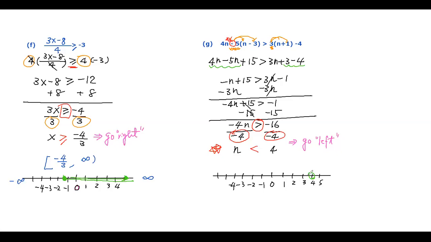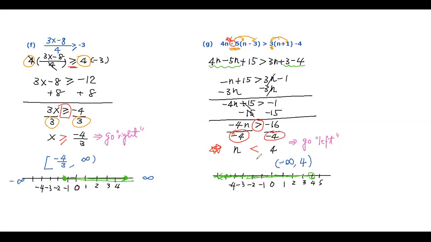Go left, right? So this is my solution, all the way till 4. Okay, good. So now how do I write it? This goes to negative infinity, this ends at 4. So is it a parenthesis or bracket? It's a parenthesis. Why? Because I don't have an equal sign here, right?